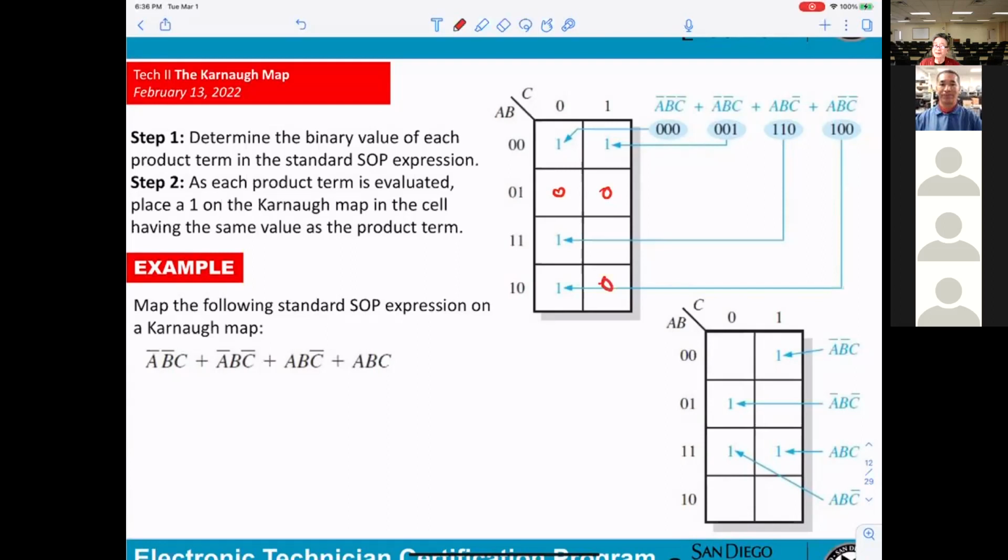No question? You guys know how to do it? Right now, we're just talking about mapping. And if you see the example, any question on that example? I can try to help you out.